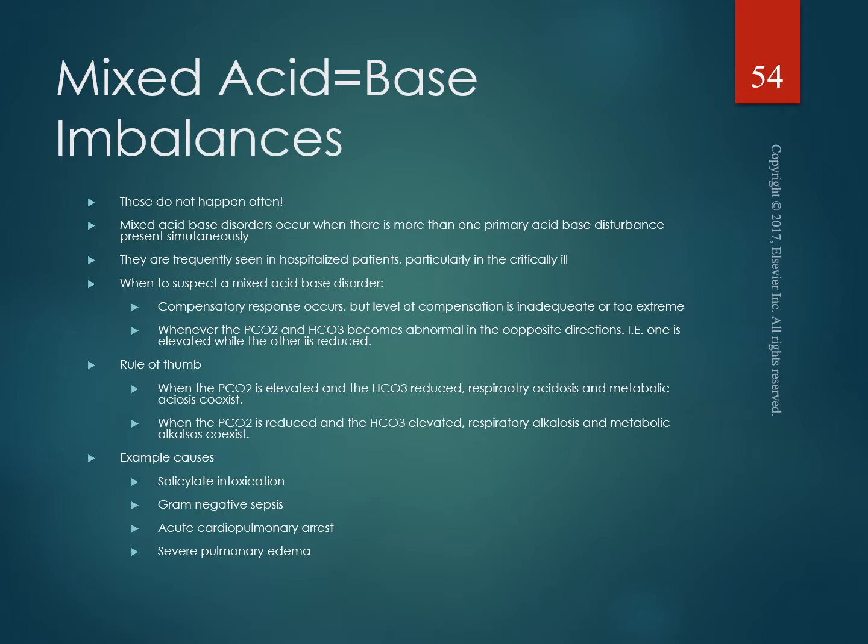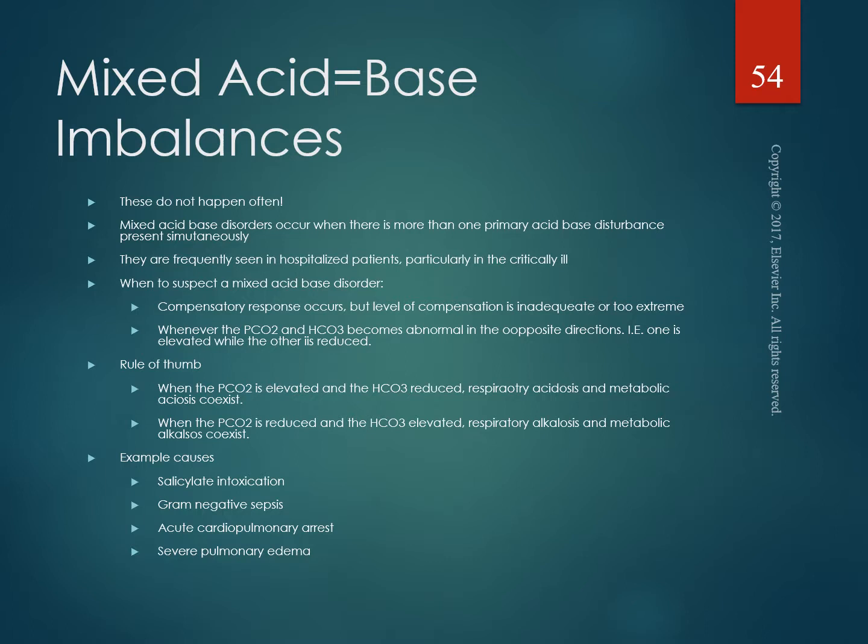Suspect a mixed acid-base disorder when a compensatory response occurs but the level of compensation is inadequate or too extreme, whenever the PCO2 and the HCO3 become abnormal in opposite directions, for example, one is elevated while the other is reduced.